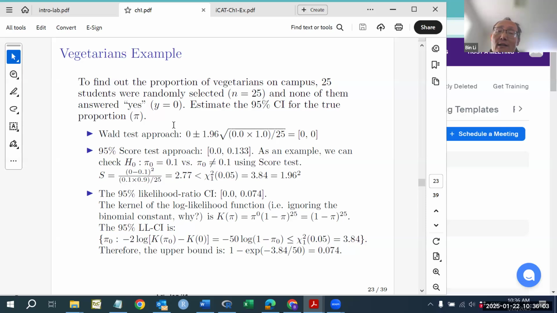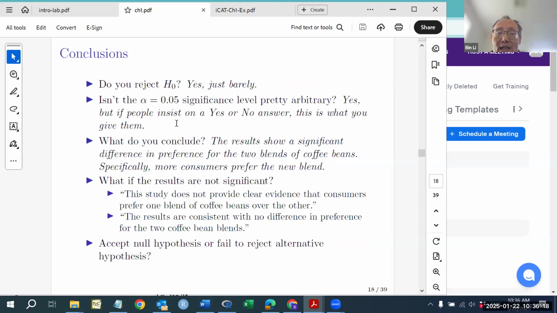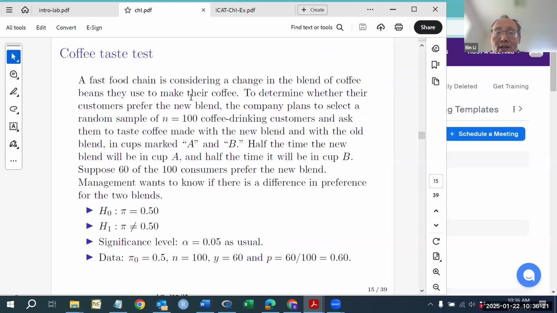The coffee tasting example, I would say, is one of the easiest scenarios for hypothesis testing and the confidence interval. Why? Because the sample size is pretty large, n is 100. That's good. For the central limit theorem, we usually require the sample size to be large enough, right? Usually the magic number is 30. So if it's greater than 30, that's nice. Here it is 100, okay?